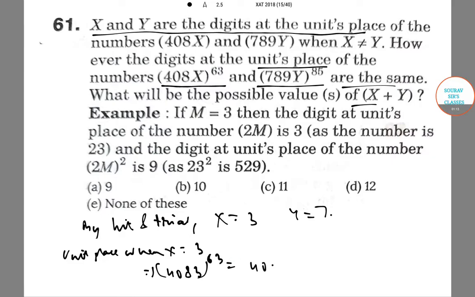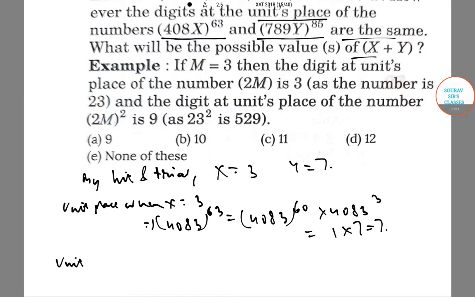This is equal to 4083 to the power 60 into 4083 to the power 3. So this gives us 1 into 7, which is equal to 7.